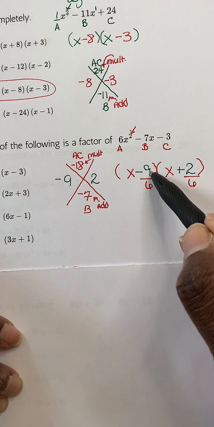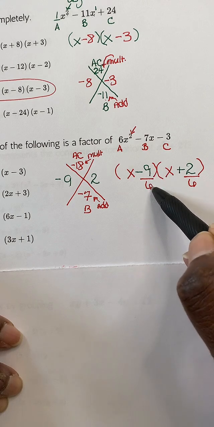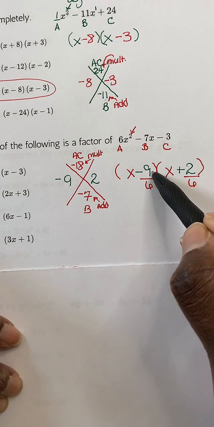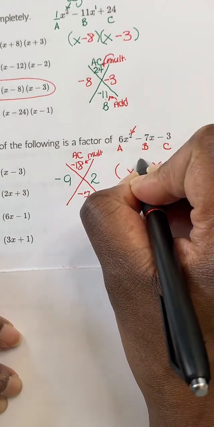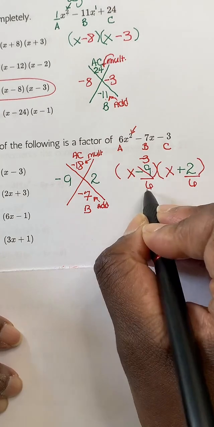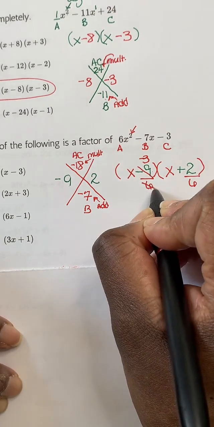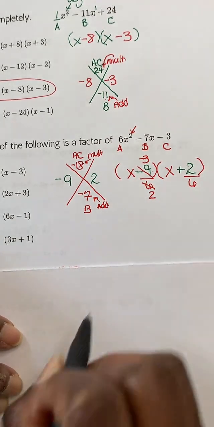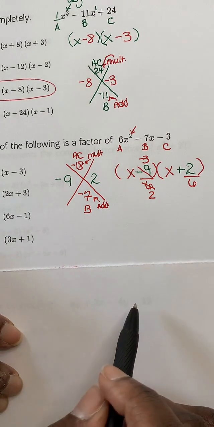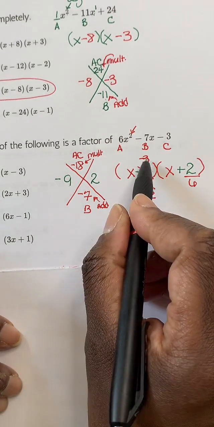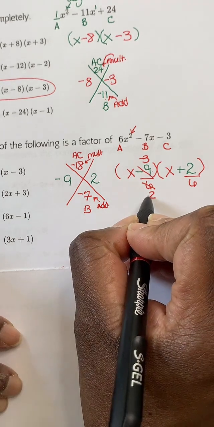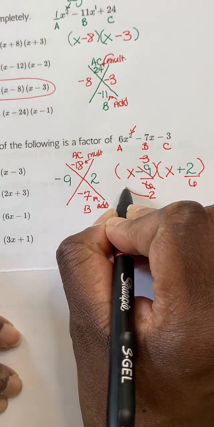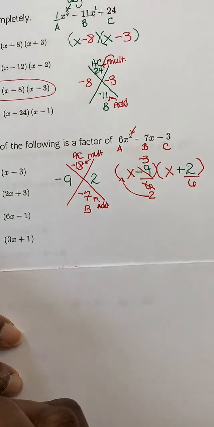So 9 and 6 are both part of the 3 times table. So if I divide this negative 9 by 3, I will get a negative 3. If I divide this 6 by 3, I'm going to get a 2. Now, this is the next part. Still can't divide it and give me a nice pretty number. So I'm going to take this 2 and I'm going to slide to the front.